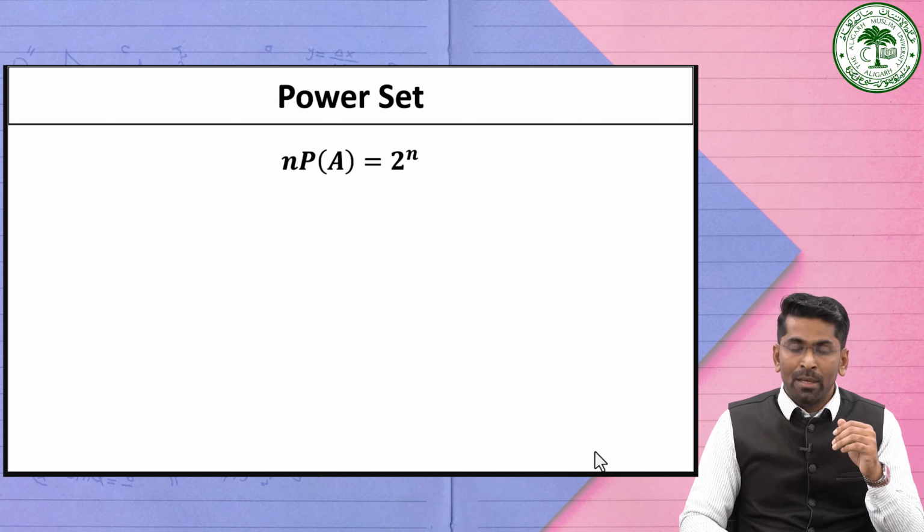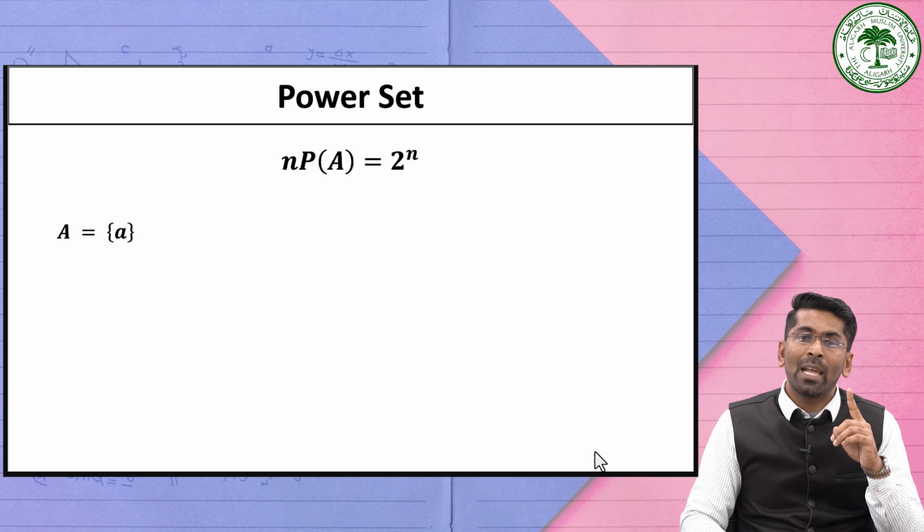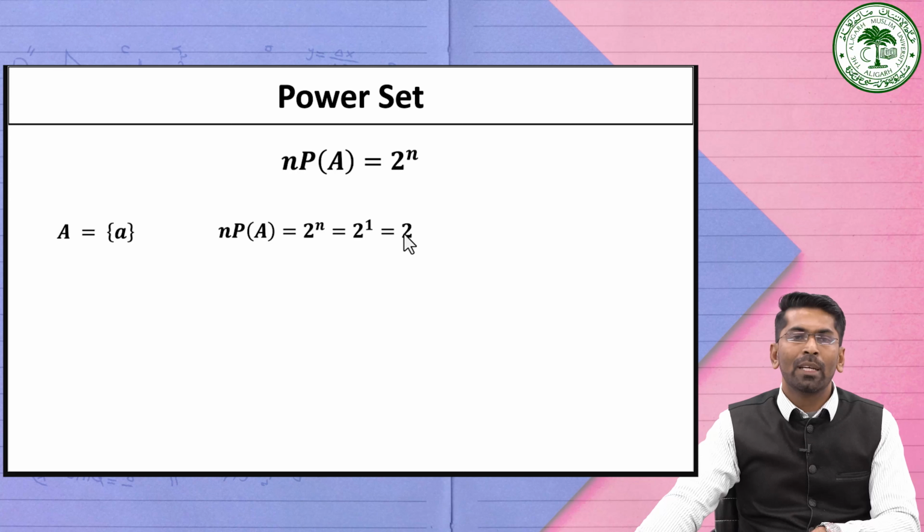In the first example, n was only 1, which means the number of elements was only 1. Therefore n(P(A)) is equal to 2 raised to the power 1, which is equal to 2.